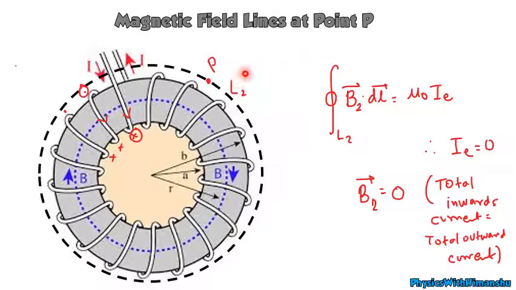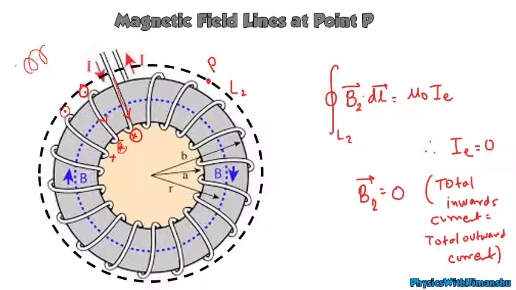Now suppose I take a loop L2. The size of the loop is now more than the size of the toroid. As you can see in the figure, the current is entering from this wire. So at this point the current will be inwards and at this point the current will be outwards. Again inwards at this point, outwards at this point, because the current is flowing like this.